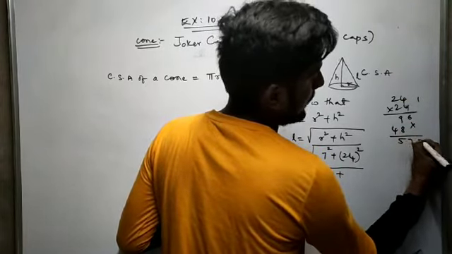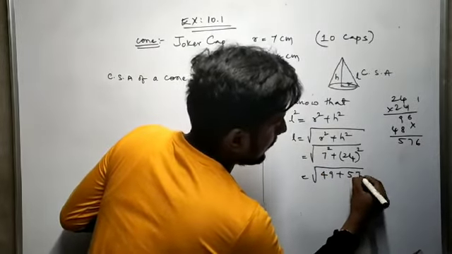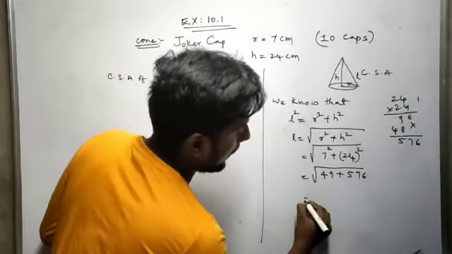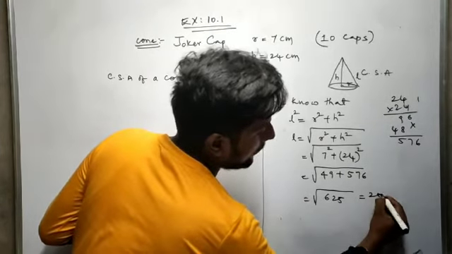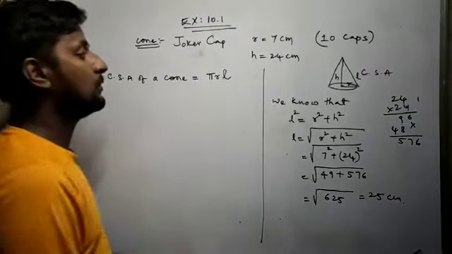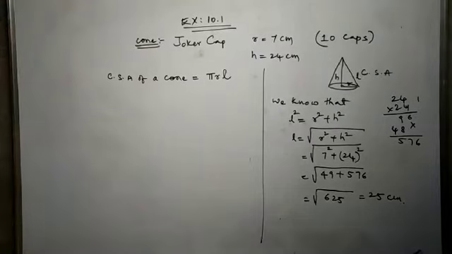So 576. Adding the total, it is the square root of 625, which is 25. So the l value is 25 centimeters.